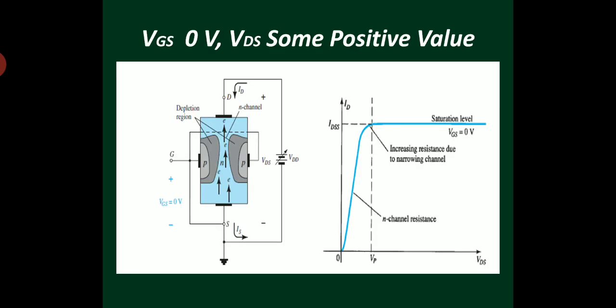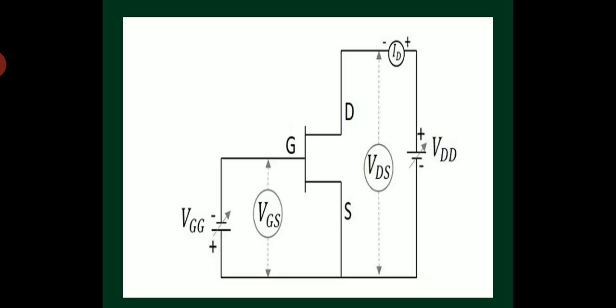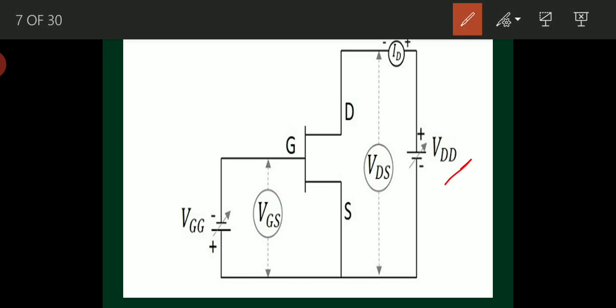This is the circuit diagram now, right? So VDD is the voltage source I am giving here. This is called double subscript notation. VDS is the voltage between drain and source, and ID is the current at the drain terminal.